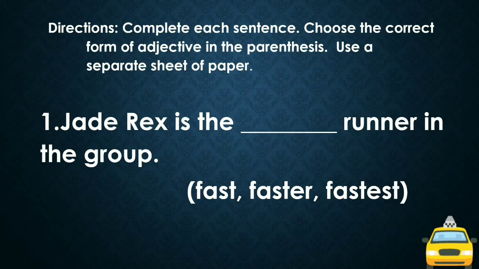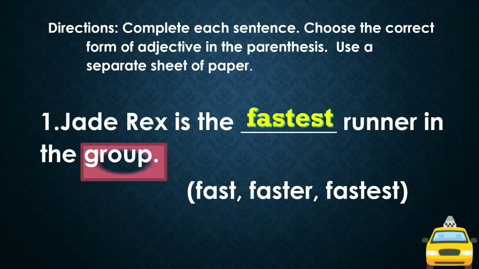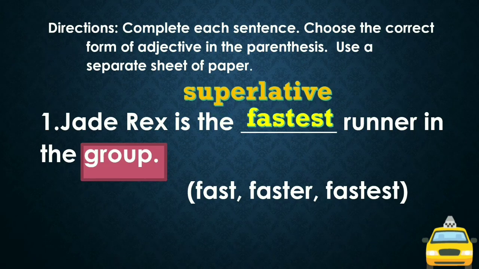I'll give you a minute to answer. The correct answer is fastest. Why? Because Jade is compared to a group. What degree of comparison? It is superlative. Am I right, children?